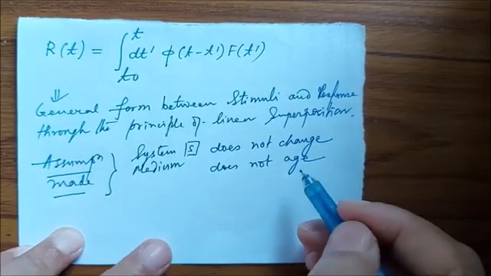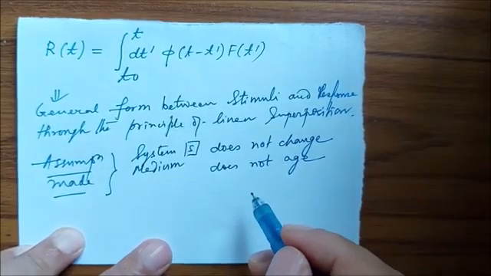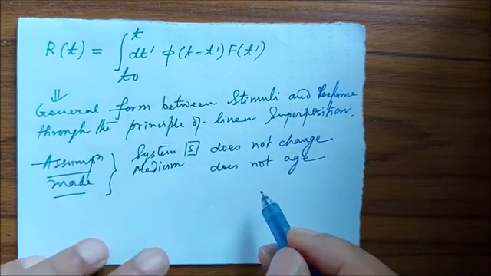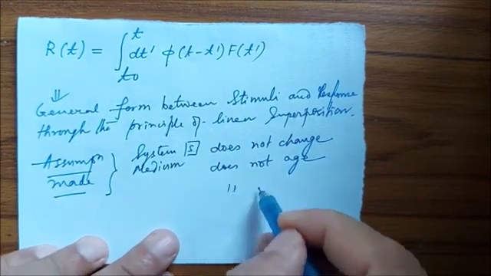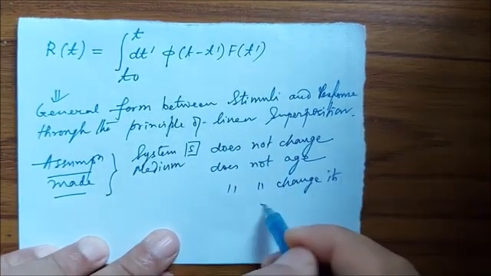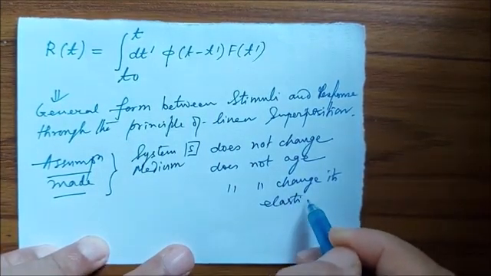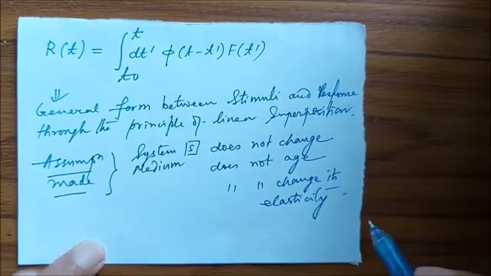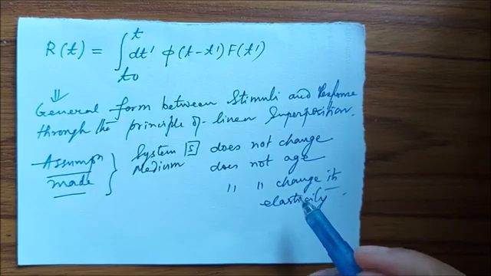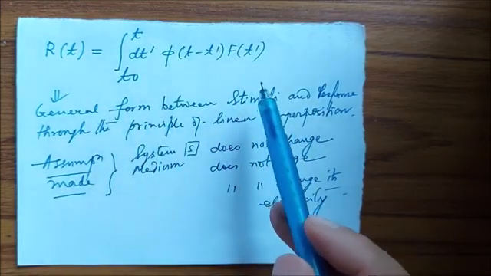That is, the characteristics remain the same. It retains its behavior or retains its originality. To be very specific, it does not change its elasticity. This is the assumption under which this expression holds.